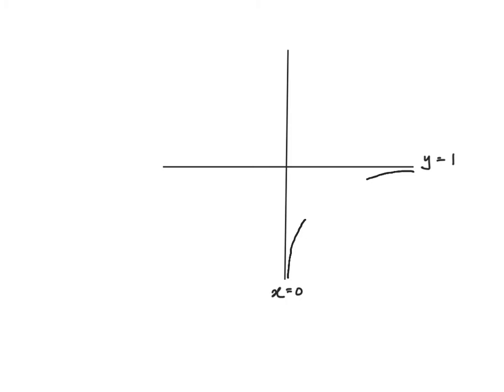When x tends to negative infinity, our graph does something like so, and when x is very close to 0 from the left hand side, we have something like so. Now, there's only one thing that can happen here, and these branches of the curve join up like so.